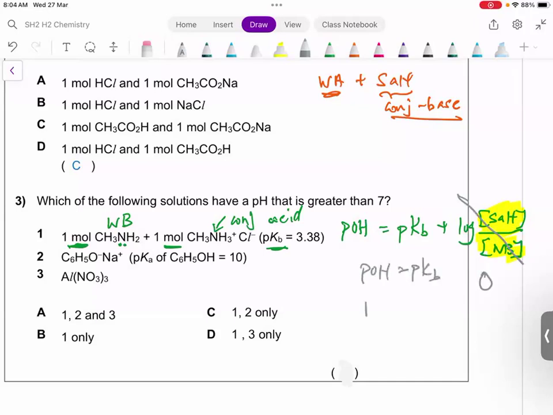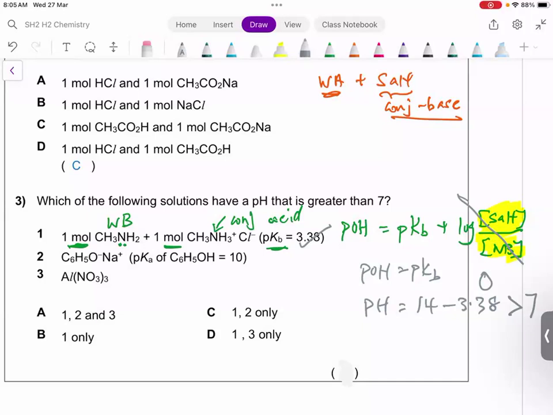In other words, pH can be calculated by 14 minus 3.38, which is obviously larger than 7. So therefore, this is the answer. Correct? All right. So this is not just a buffer, but operating at maximum buffer capacity because the salt and the weak base are equal in concentration. As a result, pOH equals pKb. Okay?